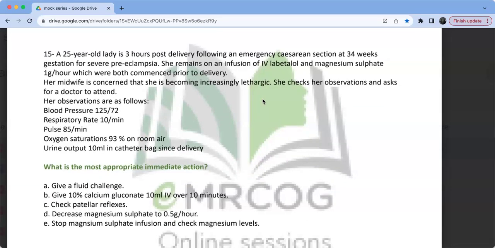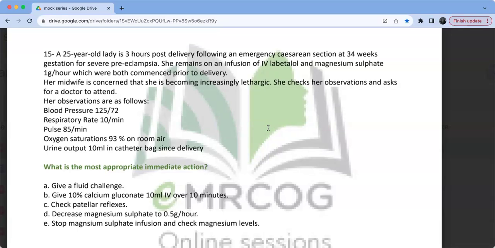A 25-year-old lady, 3 hours post-delivery following an emergency cesarean section at 34 weeks of gestation for severe preeclampsia. She remained on the infusion of IV labetalol and magnesium sulfate 1 gram per hour, which were both commenced prior to delivery. Her midwife is concerned that she is becoming increasingly lethargic.